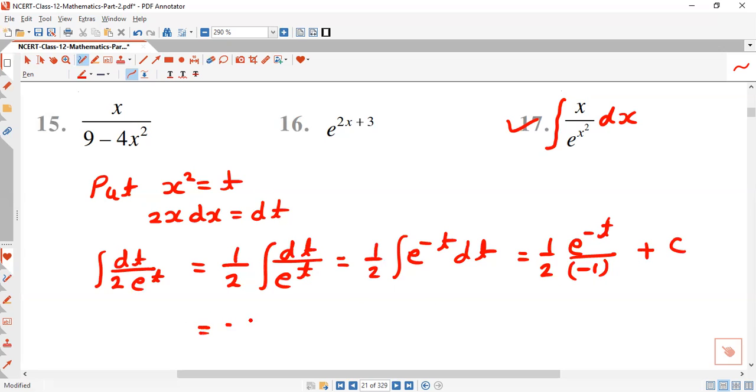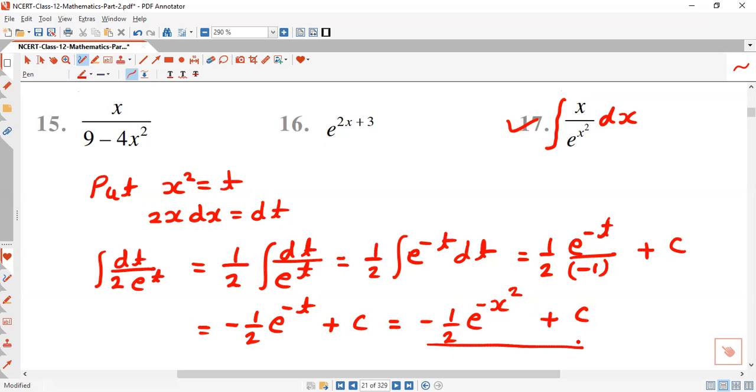This gives you the answer minus half e raised to minus t plus some constant c. Put the value of t here: x square. Minus half e raised to minus x square plus some constant c. This will be the answer.